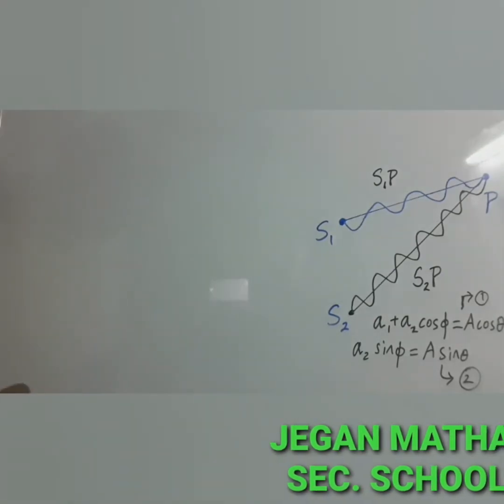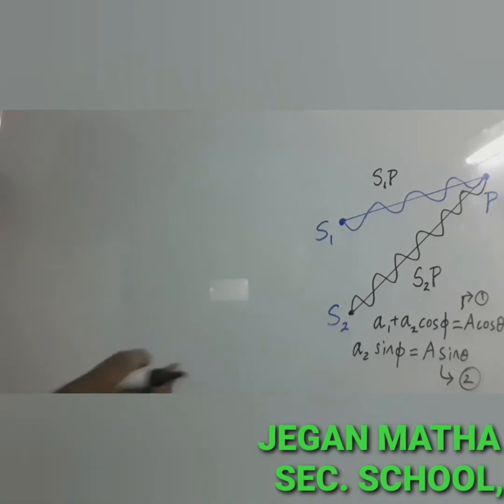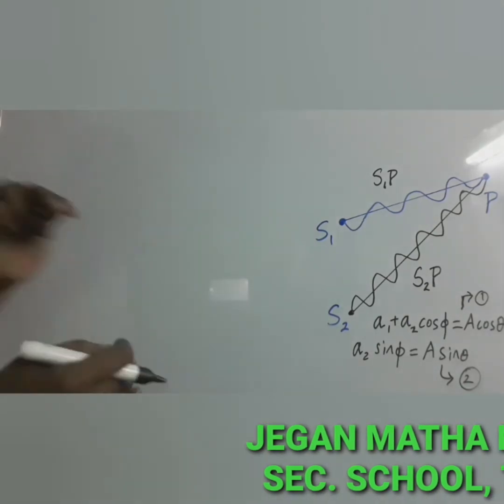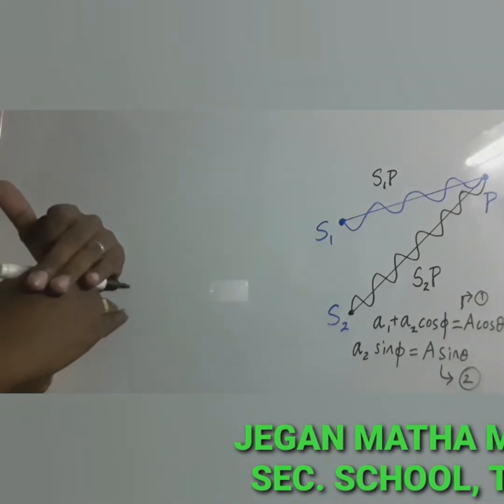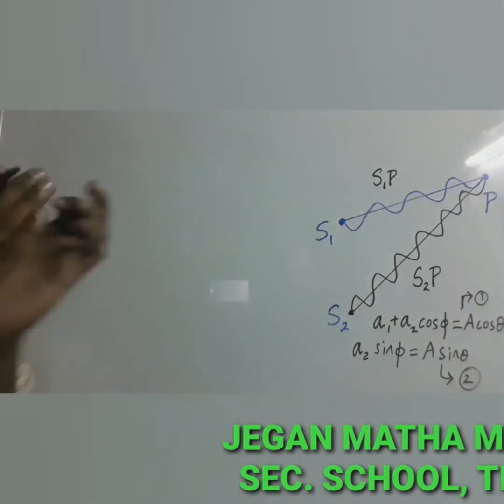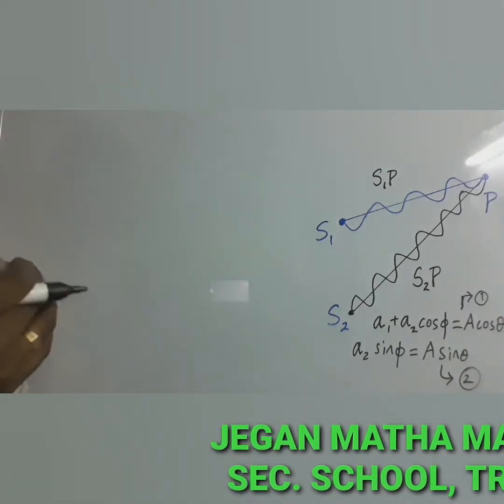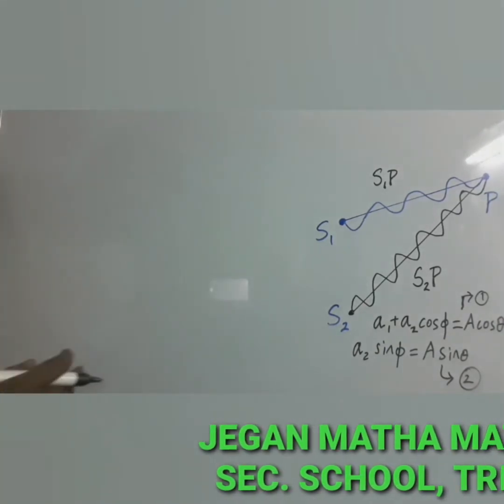In the third equation, capital A refers to the resultant amplitude. When two crests interfere, the amplitude increases, which is given by the letter capital A, that is the resultant amplitude.